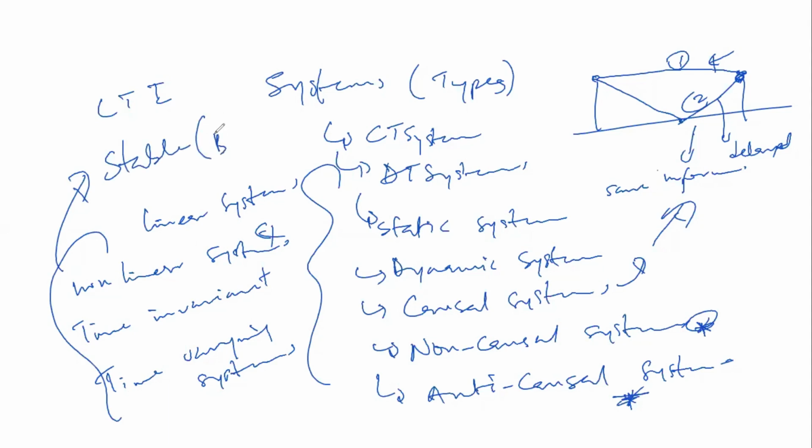So I would say these are BIBO stable, meaning bounded input, bounded output. It means for every bounded input, finite amplitude transmitted, we should also receive a finite amplitude signal at the output. So that's what makes it bounded input, bounded output.